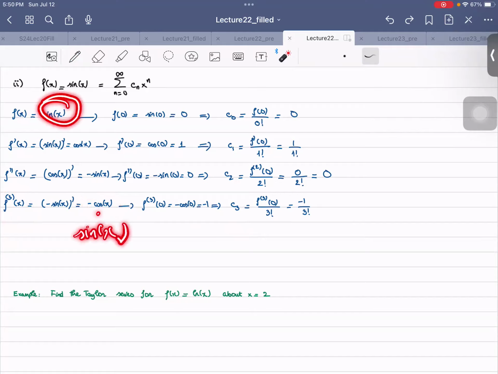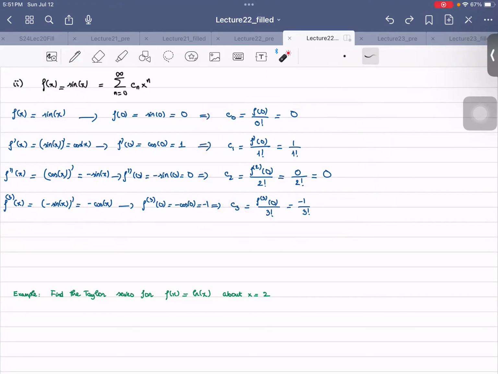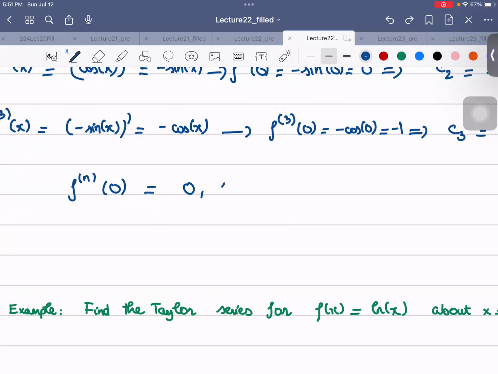Once you have sine of x again, the patterns will continue. That means for the pattern of the nth derivative at 0, it's going to be 0, then 1, then 0, then negative 1, and then you will start from 0 again.